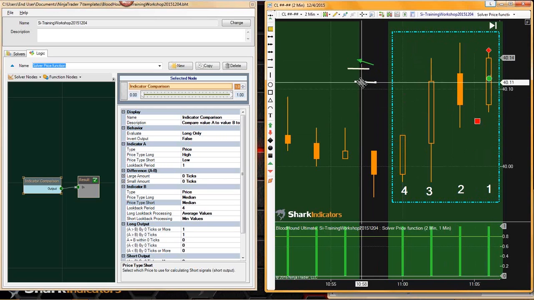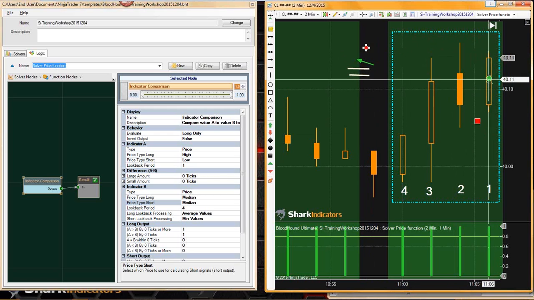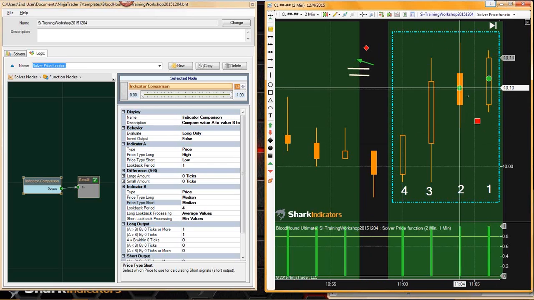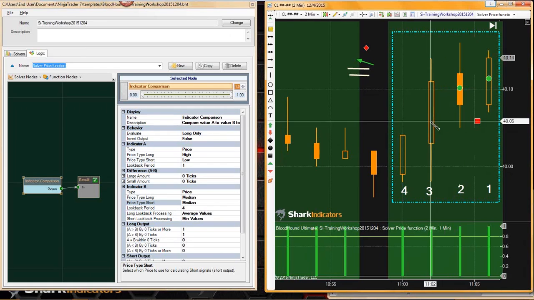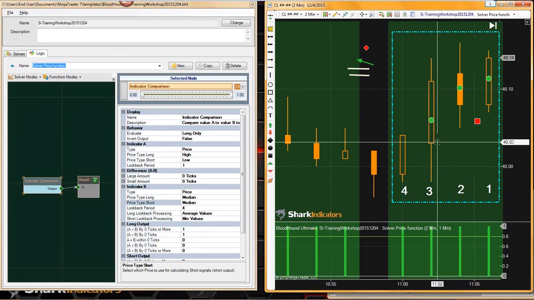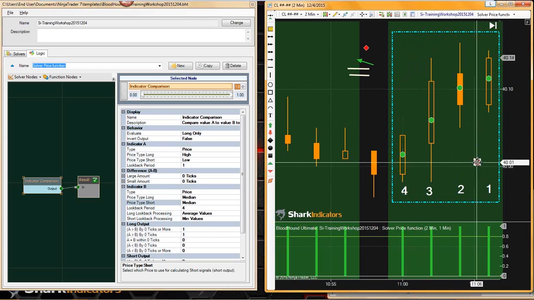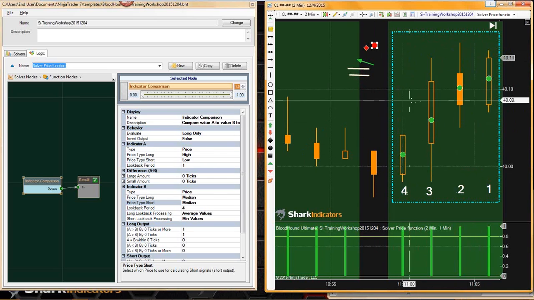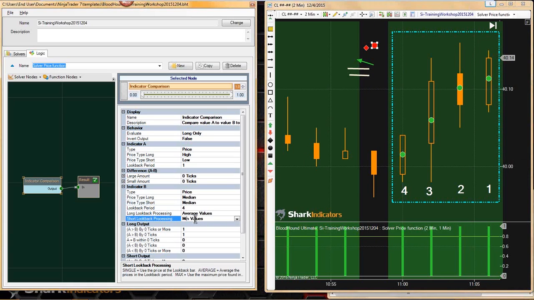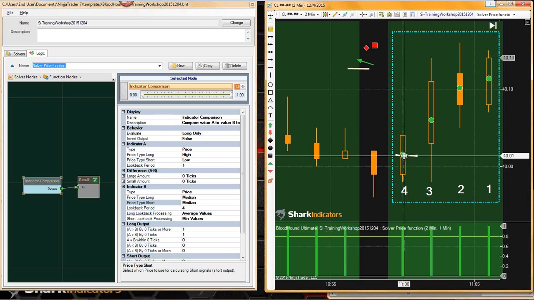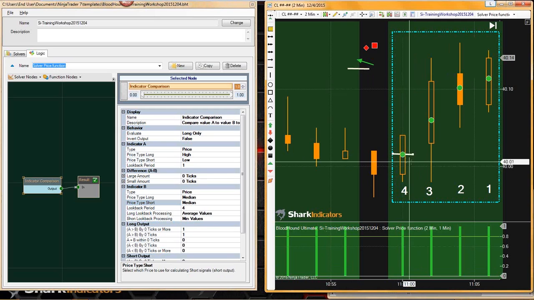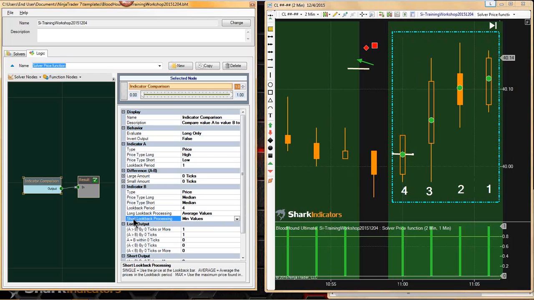I'm going to try and guesstimate here. So let's put the green dot on approximately what the median price would be. There we go. The green dots approximate what the median price would be. If we took the minimum value of the median, I'd say clearly this bar here has the minimum value. So this is the price that would be used for calculating the short output.